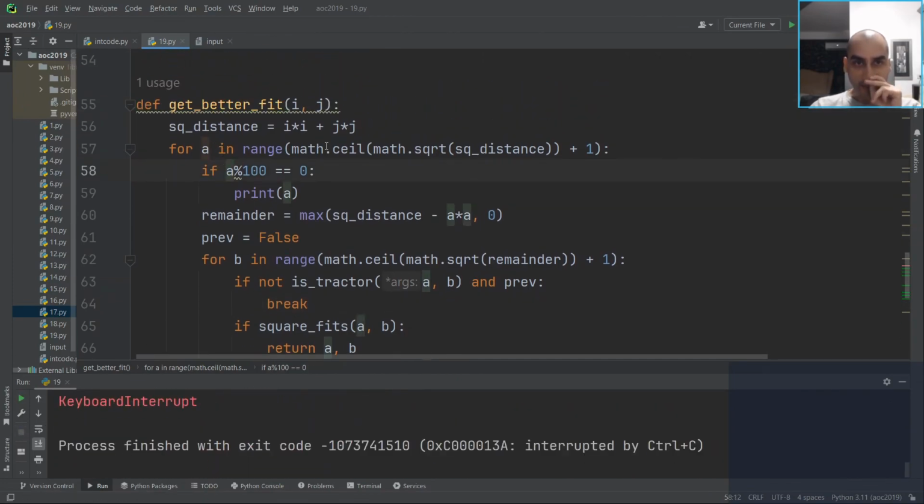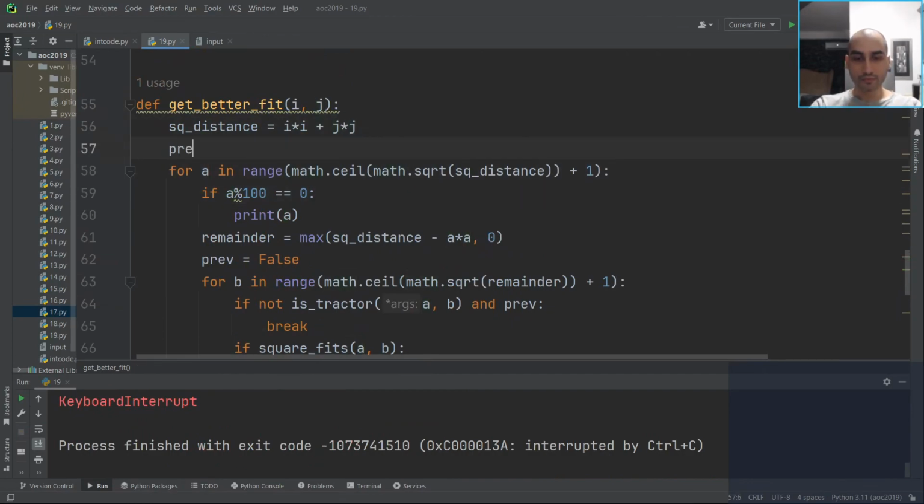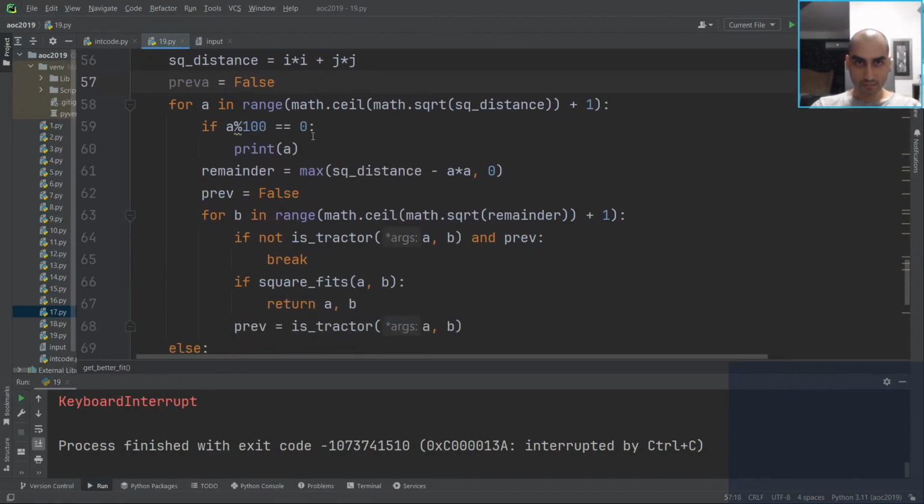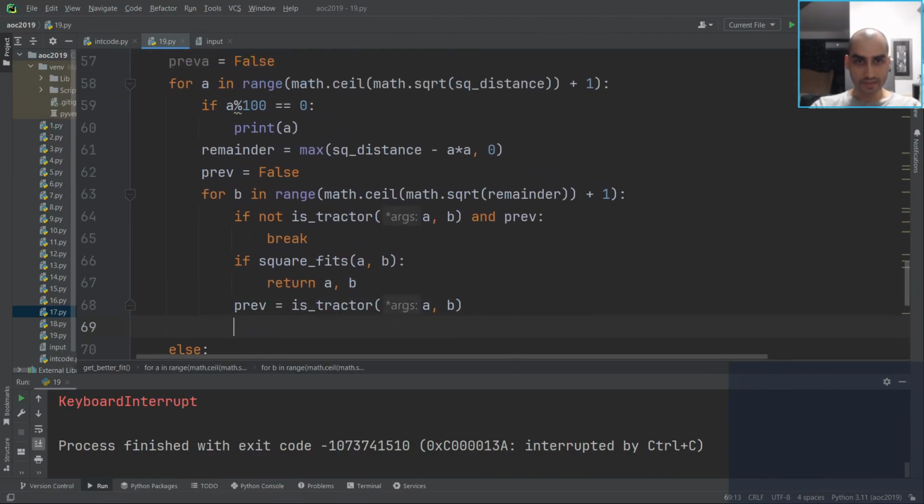Let's try that. So prev A equals false. A in range, and so on. So we say prev A equals... I don't know.